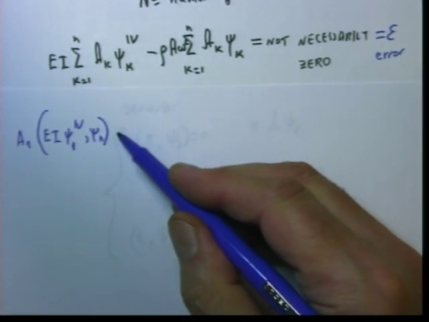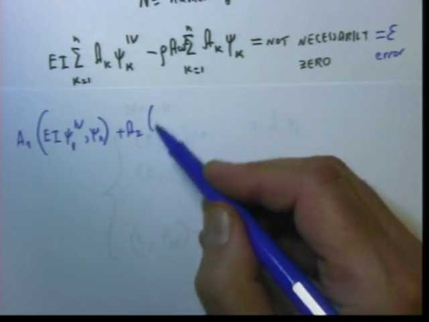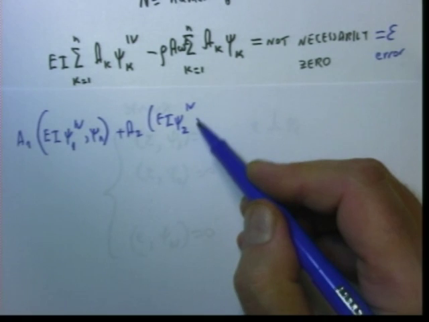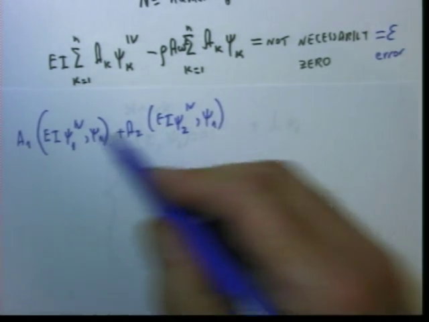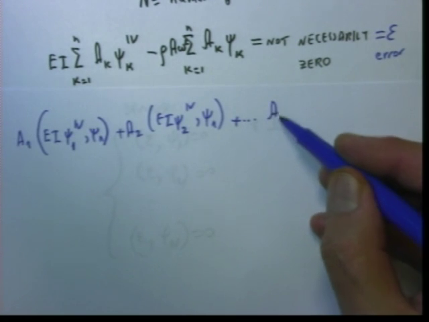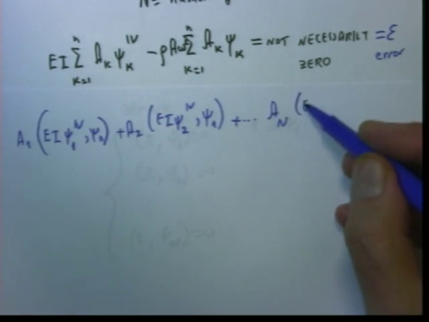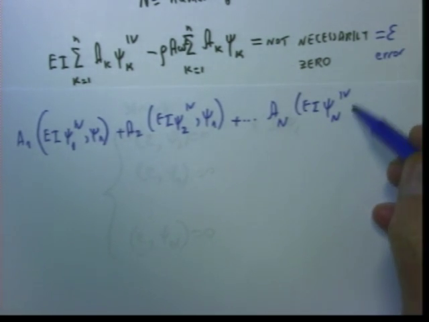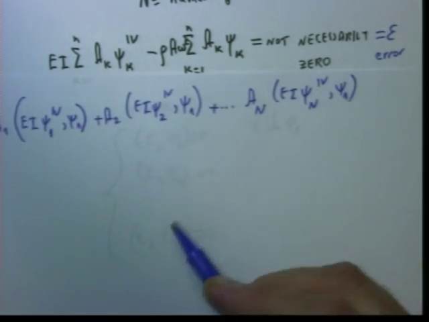Then will be A2, EI psi 2 fourth derivative psi 1, because I multiplied now by psi 1, plus A sub n EI psi n fourth derivative psi 1. Yes?